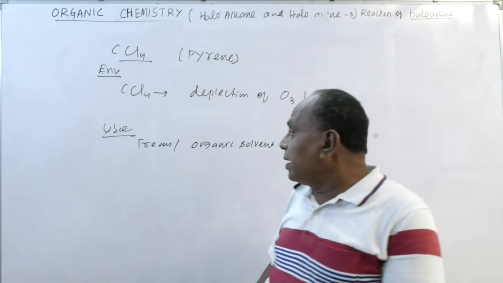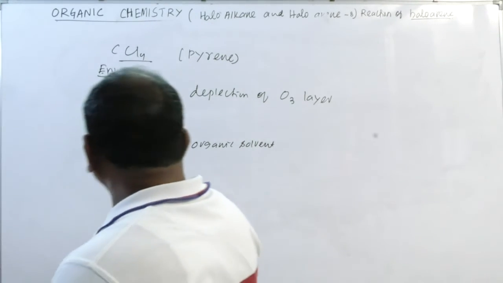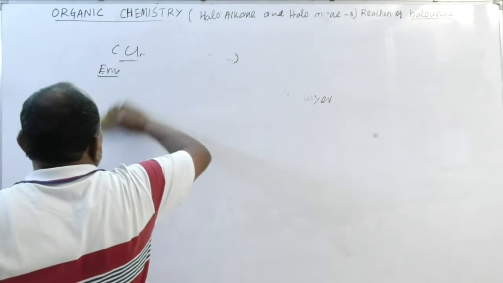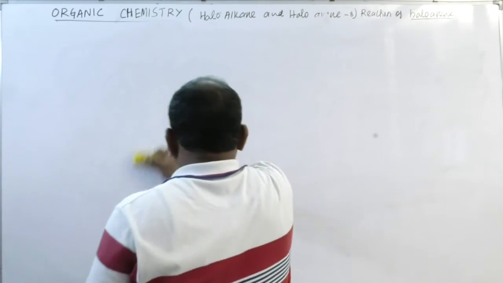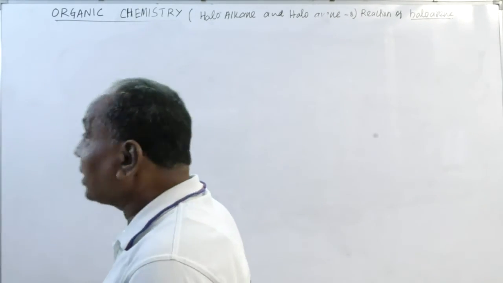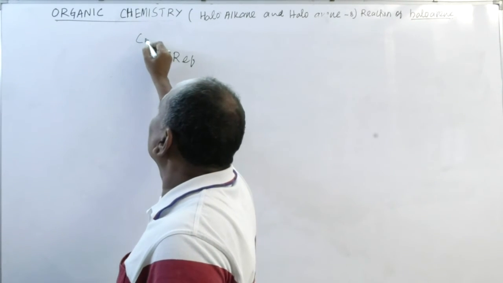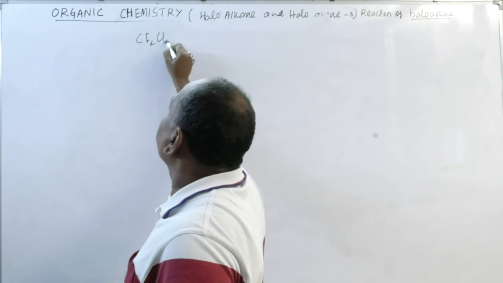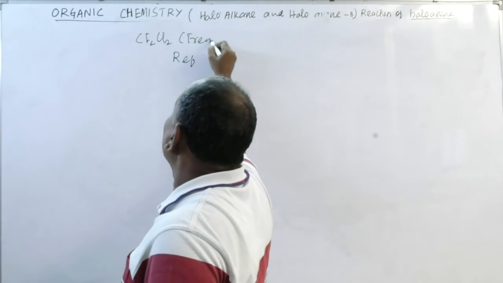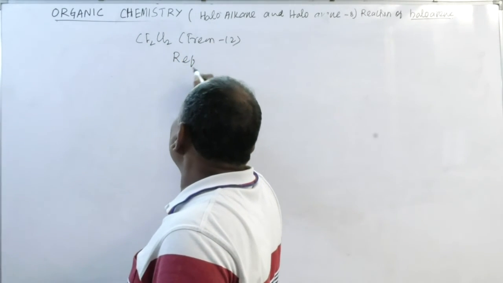Okay, next we come to what freon is. Freons are nothing but fluorochlorocarbons, and they are used as refrigerants, such as freon 12.